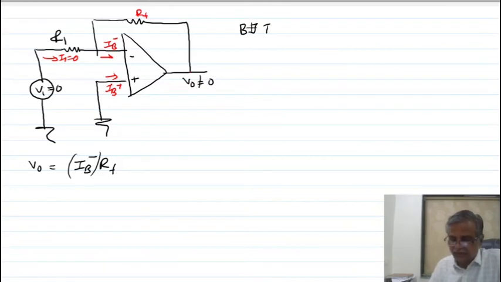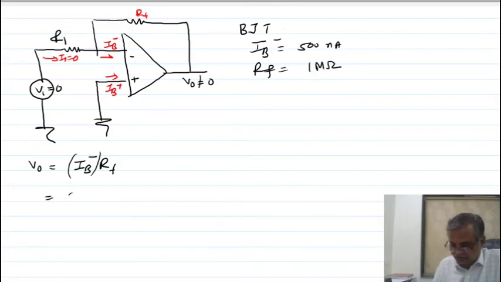If bipolar junction transistors are used, then the value of this current is of the order of 500 nanoampere, and if I take RF as 1 megaohm, then this is 500 nanoampere into 1 megaohm.